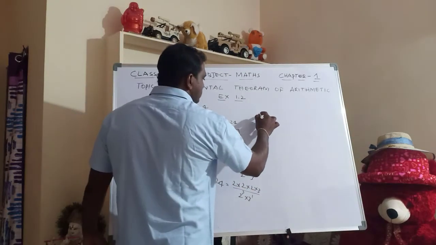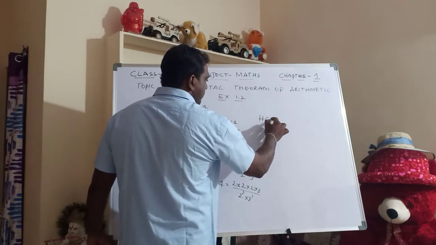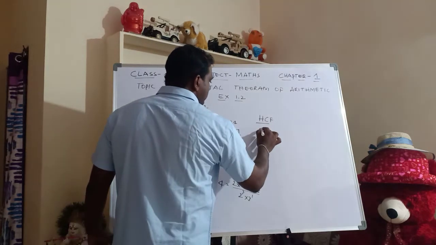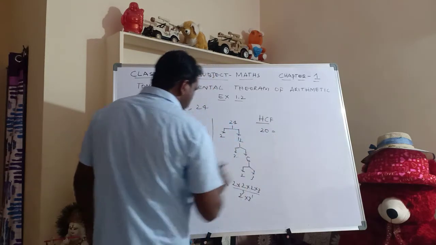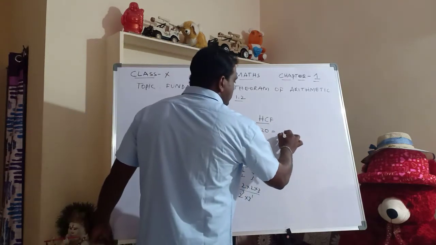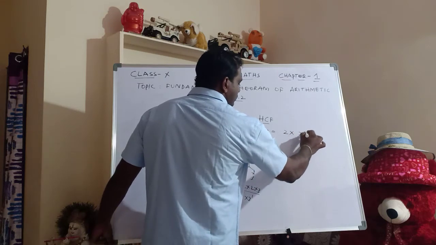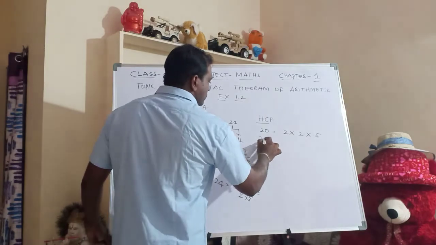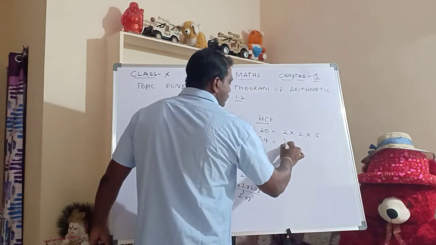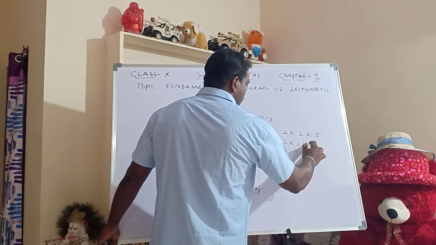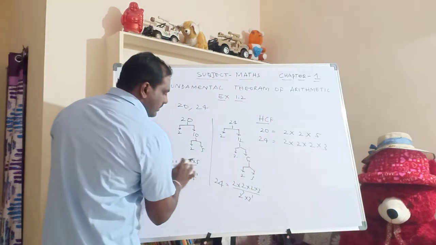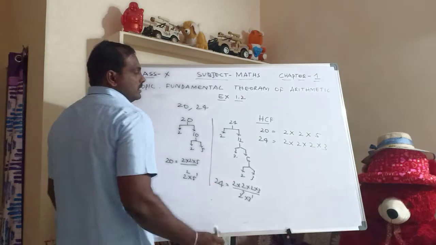First, if you are finding the HCF, it is very simple. First you write 20: 2 into 2 into 5. Next 24: 2 into 2 into 2 into 3. You have to copy the same thing in a row.